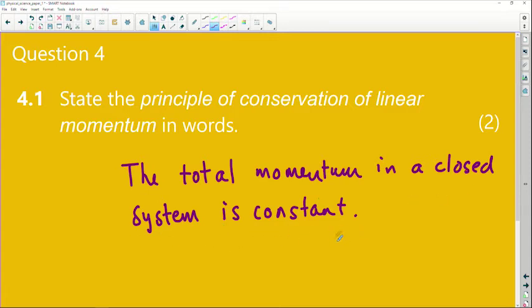So that tells me that when I have a closed system, that means there is no external forces acting on the system. The total momentum before and after would be the same. And in this case, we've got a bullet and a block.